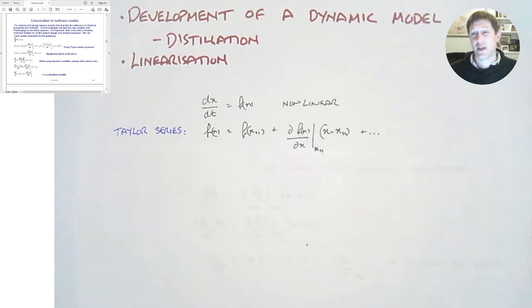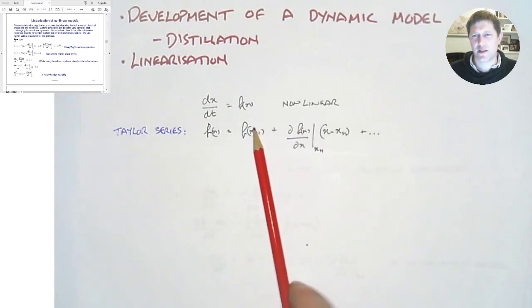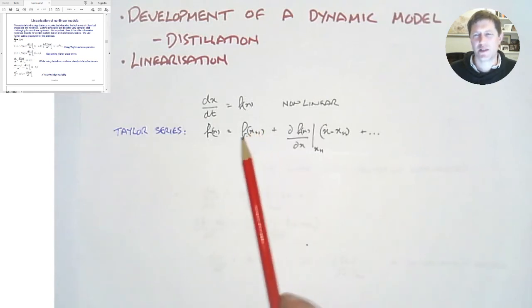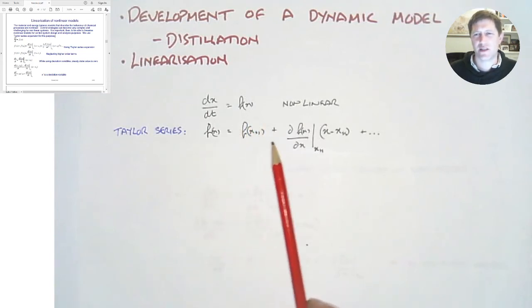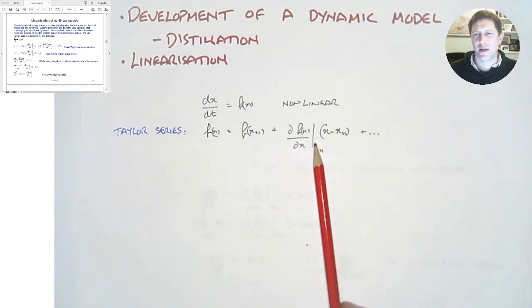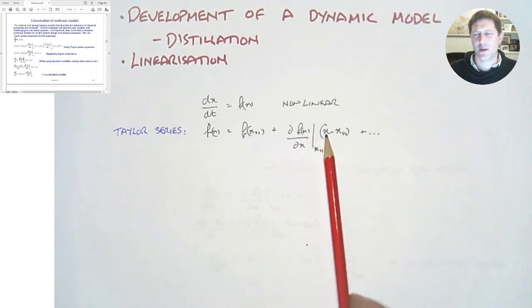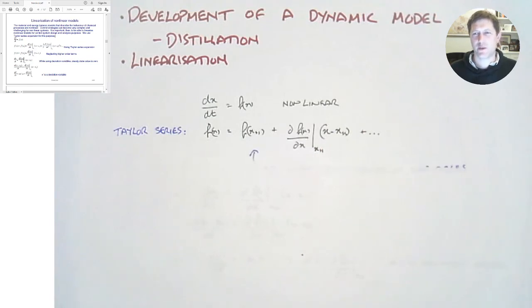But that's okay for us, because we're particularly interested in the local area around the initial steady state. So we're going to take the point xss as the point of interest, and the Taylor series approximation is then equal to f(xss) plus the partial derivative of f at xss multiplied by x minus xss, plus all of the other higher order terms, which we will neglect in our simple approximation.